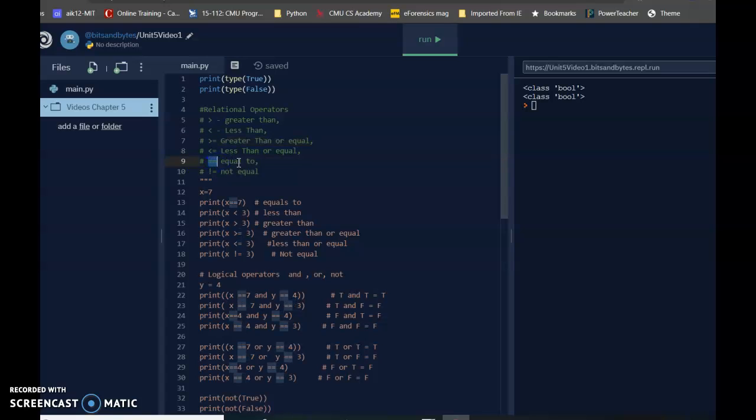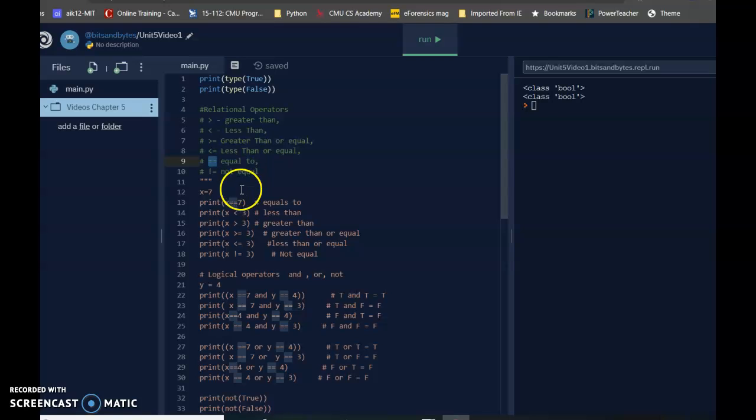Don't get that confused with one equal symbol. One equal symbol, you're assigning a value to a memory location. Two equal symbols, you're comparing. We also talked about not equals, and it's just an exclamation mark with the equal symbol. In algebra, that would be an equal symbol with a slash through it. Those are your relational operators, and they allow us to create Boolean expressions.